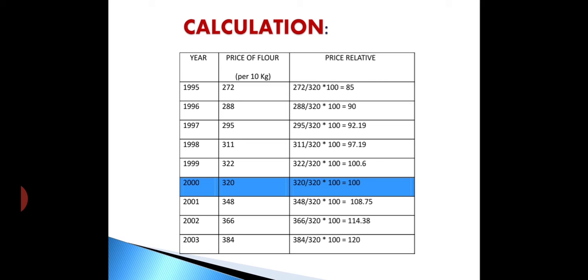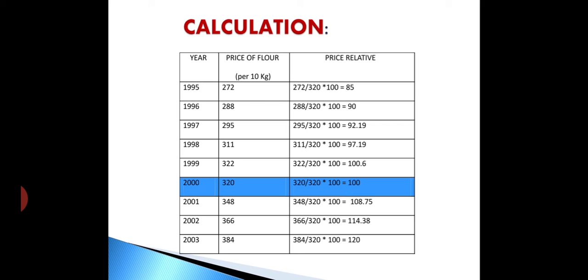In the same way, in 1996, the current price will be 288, and the base price will be the same as 320. So 288 will be divided by 320, and then the fraction will be multiplied by 100, and the answer becomes 90.